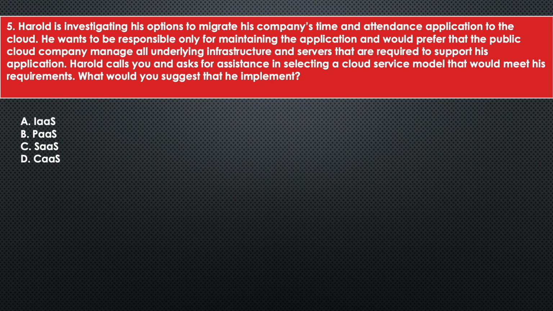Harold calls you and asks for assistance in selecting a cloud service model that would meet his requirements. What would you suggest that he implement? A. IaaS. B. PaaS. C. SaaS. D. CaaS. Answers: B. Platform as a service offers computing hardware, storage, networking, and the operating systems but not the applications.